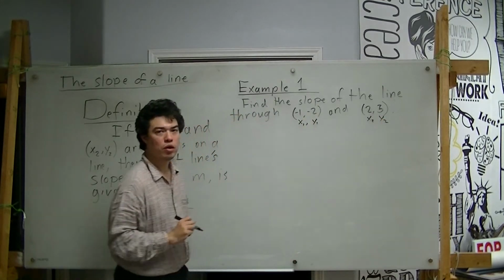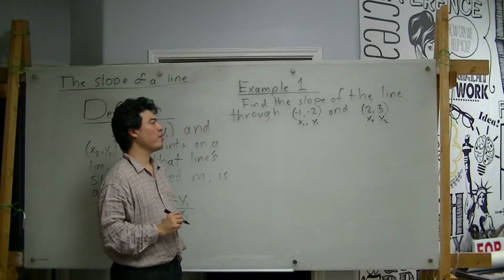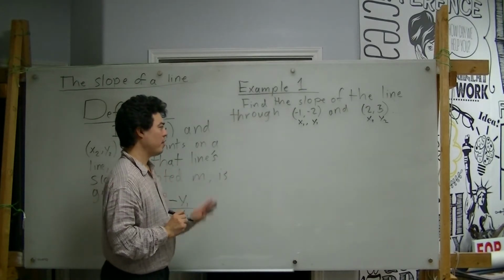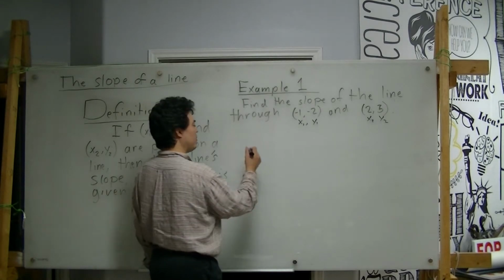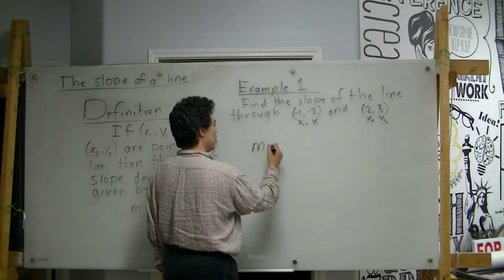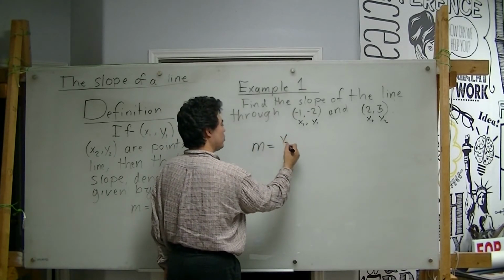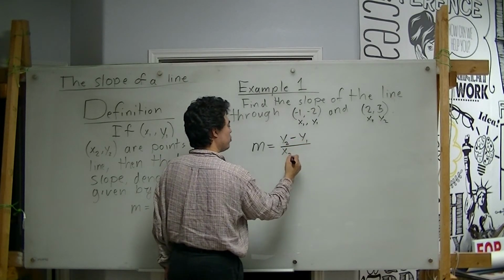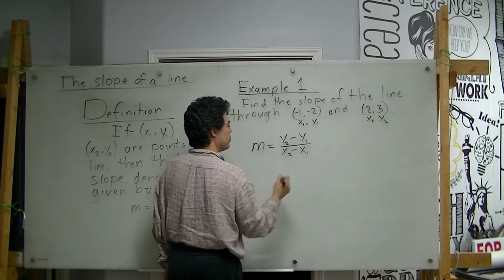That's number one. We want to identify, before we even do anything, what the values of interest are. Then what I recommend is that you immediately begin by writing your formula down. M equals y2 minus y1 divided by x2 minus x1.